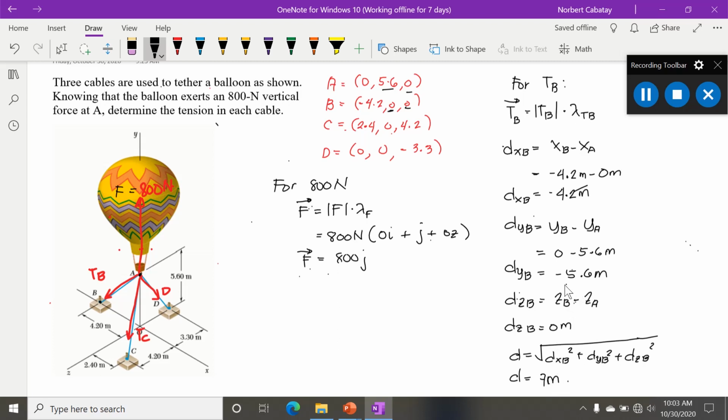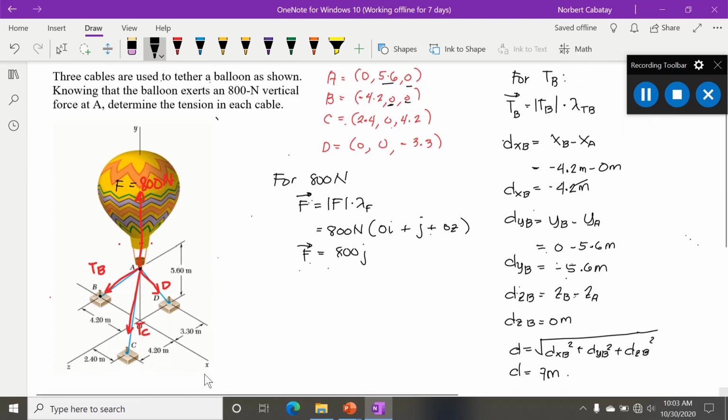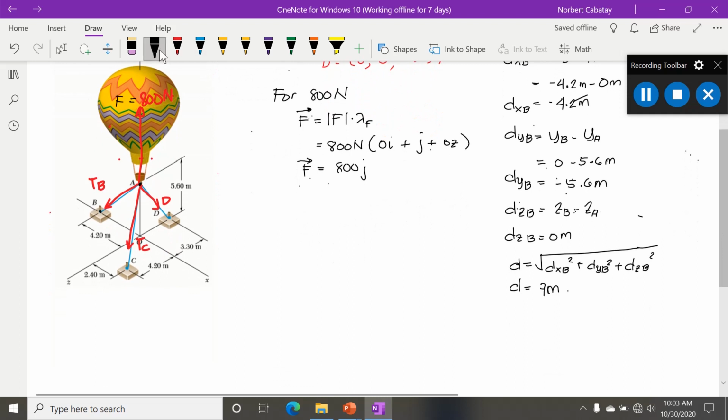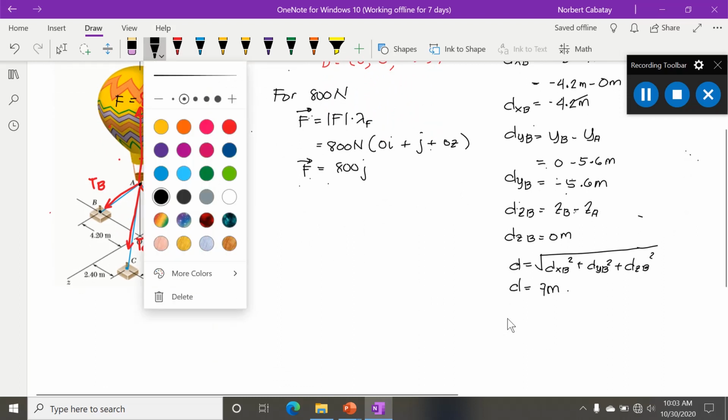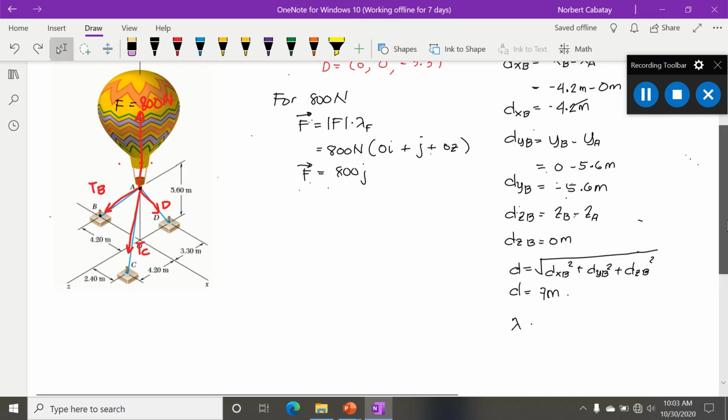Therefore, yung ating lambda, kung susolvin natin yung ating lambda, ganito yung formula. Lambda ng T sub B, or simply lambda B na lang.